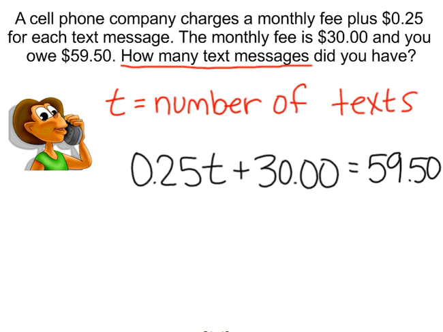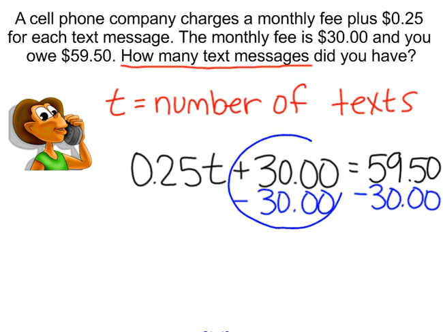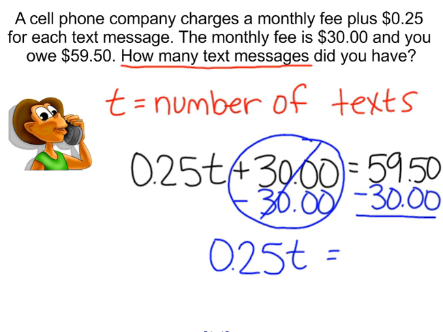Okay, let's start by subtracting the constant from each side. So here is our zero pair, and we're left with 25 hundredths t equals $29.50.